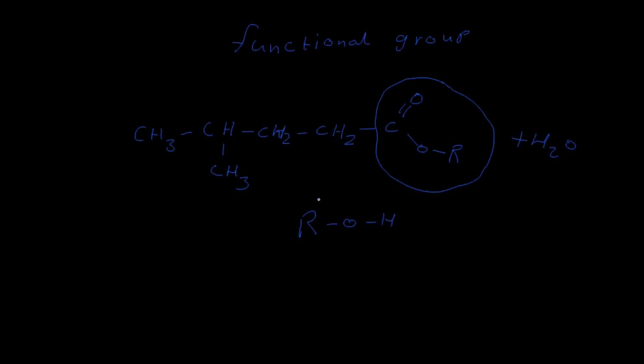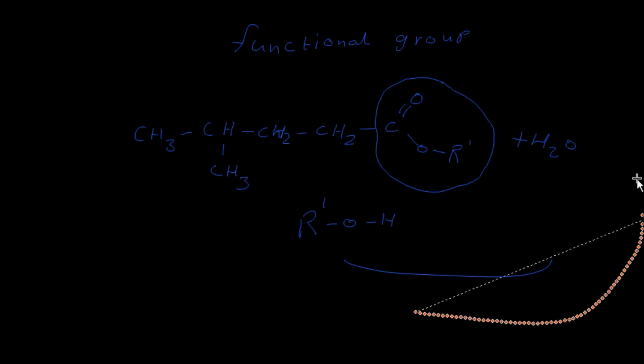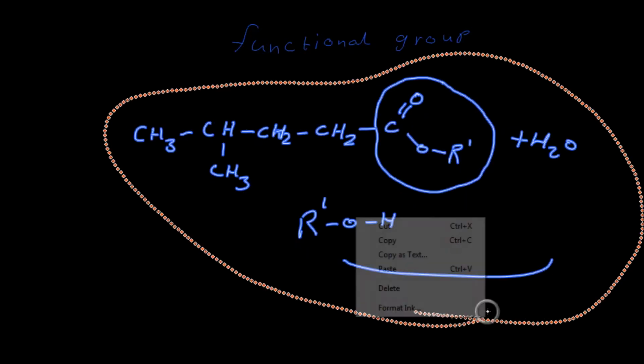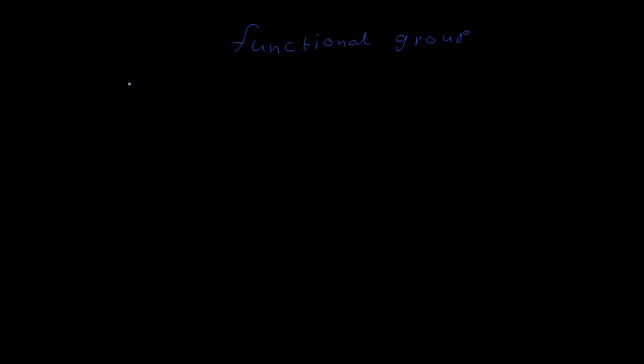So you know that the functional group will react. It's the only part of the molecule which will react, which makes things a lot simpler. Okay, there are a few different functional groups which you need to know about.